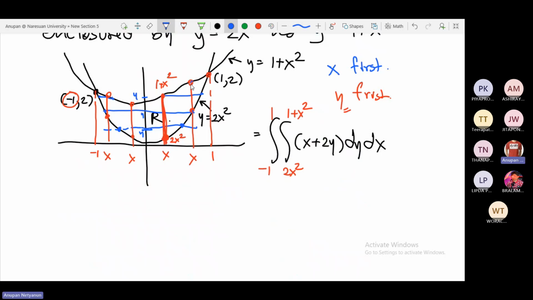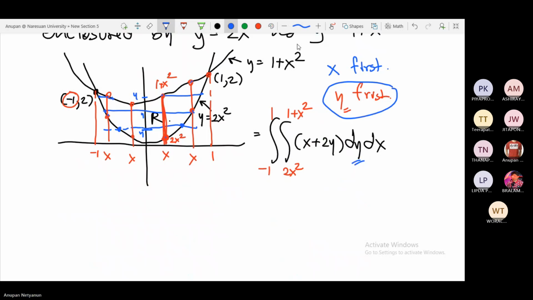Same here, wider parabola, narrower parabola. And over here, same thing. They are all the same pattern, so you might want to integrate with respect to variable y first.